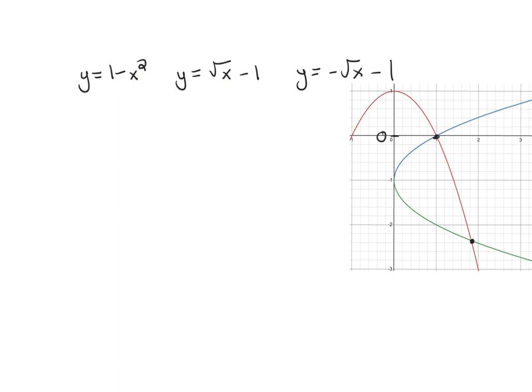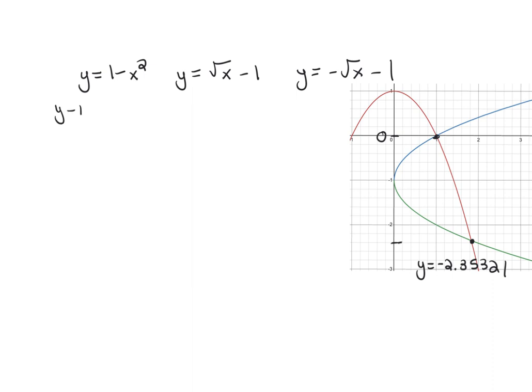So we've got 0, 2. This one, it's hard to tell exactly. So if you have a graphing calculator, you just find that intersection point, and I will give it to you that y is negative 2.35321.